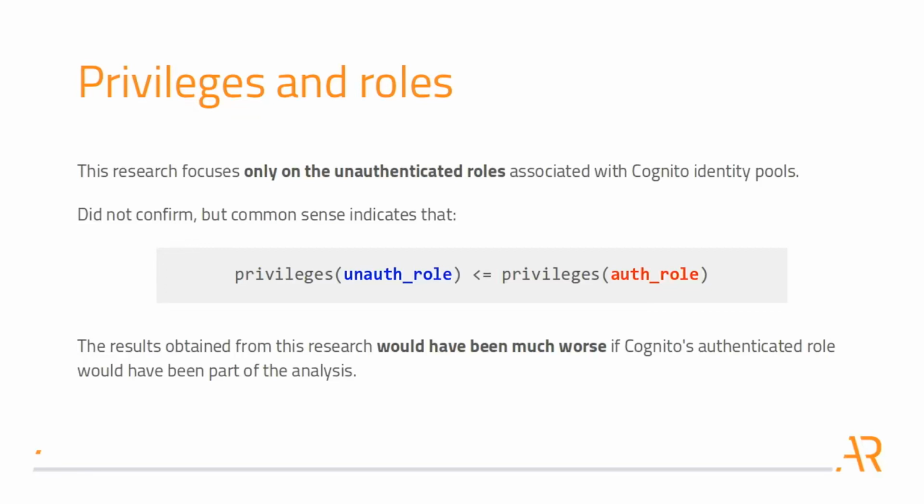Before we go deep into the result analysis, let me explain something here. The privileges that I enumerated are only for the unauthenticated role in Cognito. I did not perform any type of analysis on the authenticated role. Something else to notice, and this is kind of common sense, the privileges for the unauthenticated role are going to be smaller than the ones associated with the authenticated role.